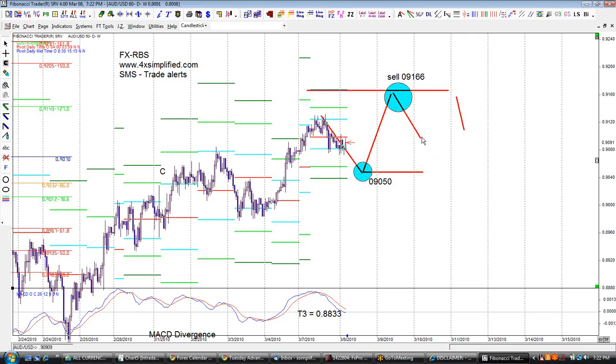It will look something like this: we'll take the low, come back, retest this left shoulder, and enter here.